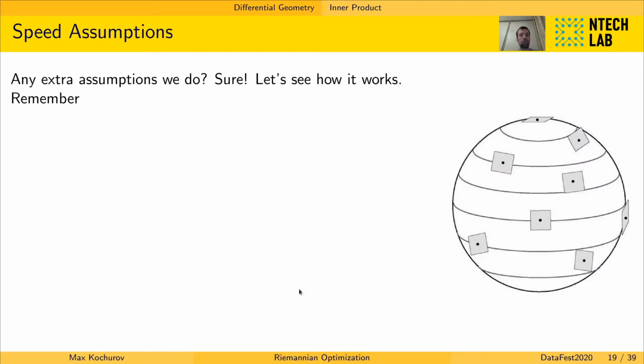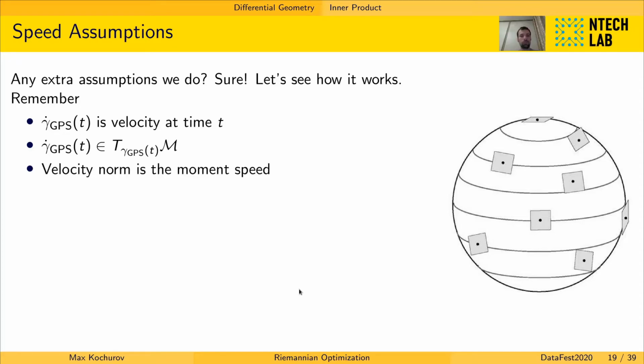Do we make any assumptions when computing speed? Of course, yes. First of all, we know that we have velocity while traveling at each time. And this velocity belongs to the tangent space. And the velocity's norm is the moment speed. And the way we compute the norm is crucial, because we can compute the norm in very different ways.